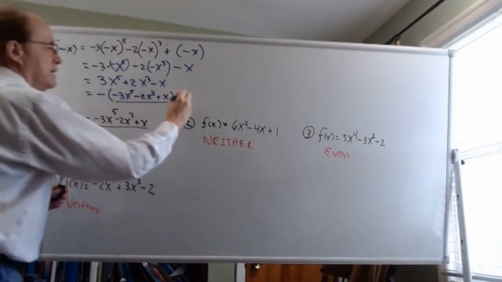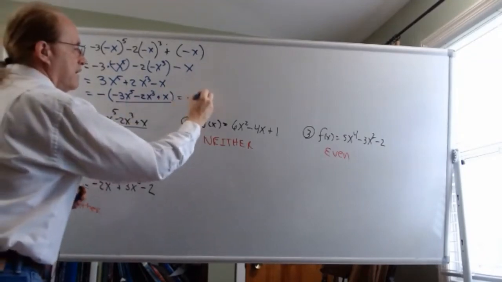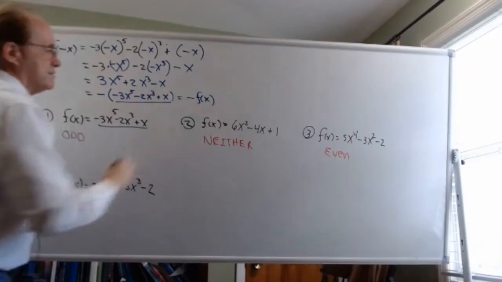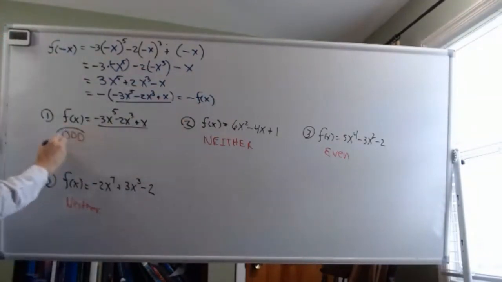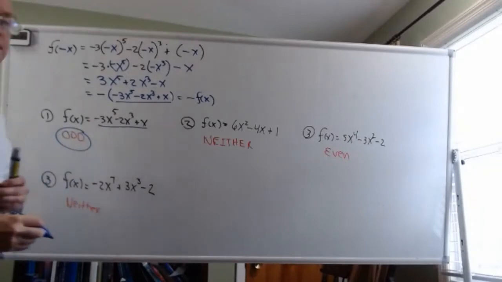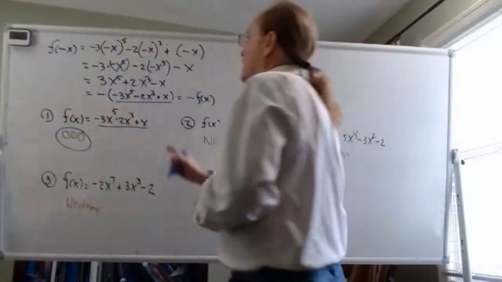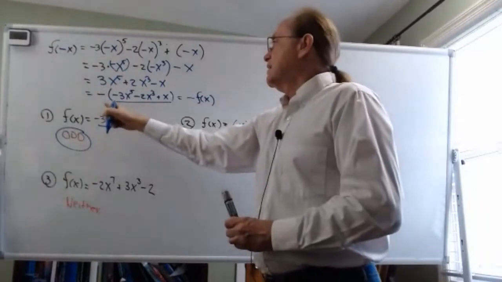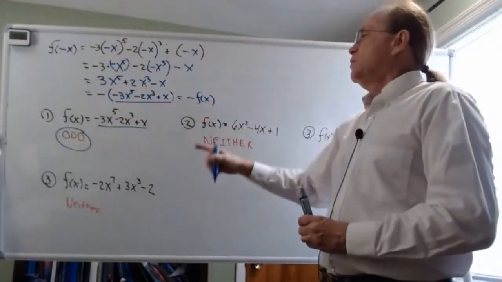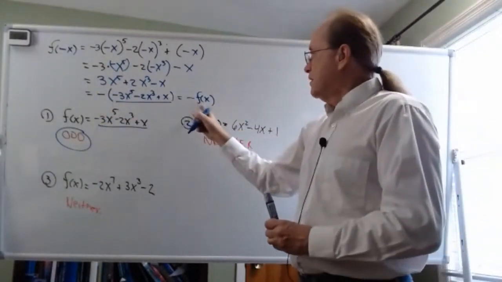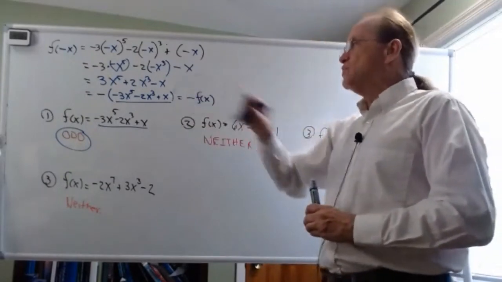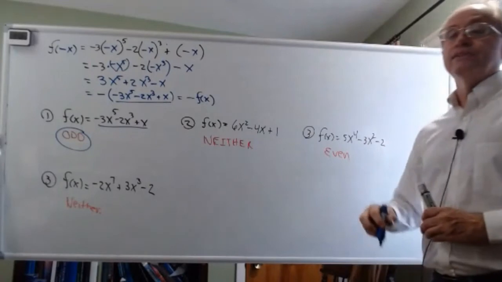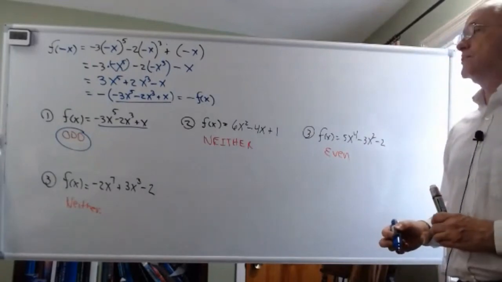So this is actually equal to the negative of f of x. That is my definition of oddness. I was able to show that when I put in a negative x and factor out a negative, I end up with my original function with a negative out front. That's the algebraic definition of oddness. That means it's symmetric about the origin.